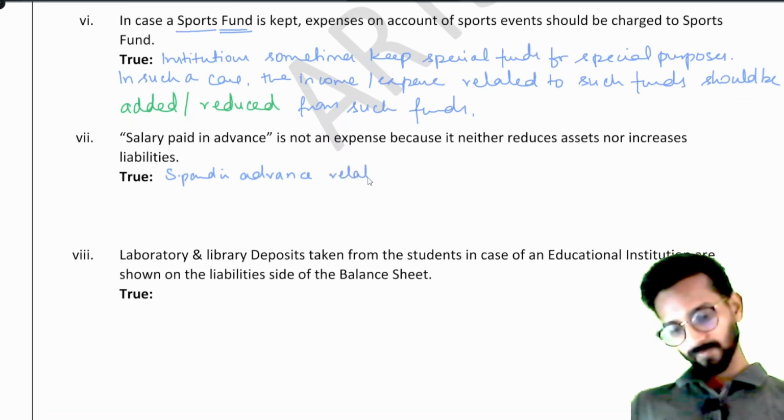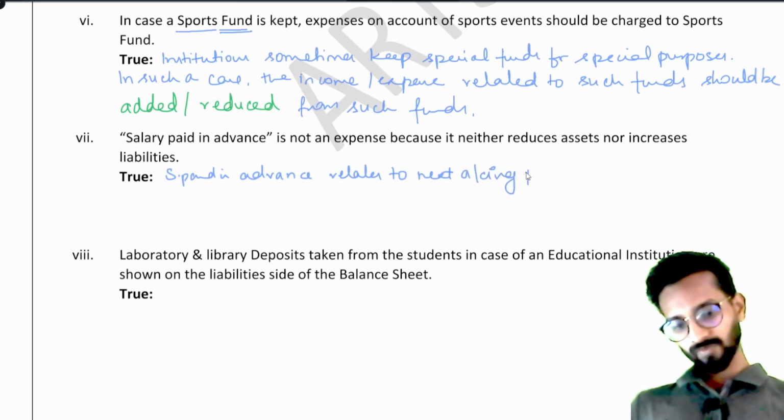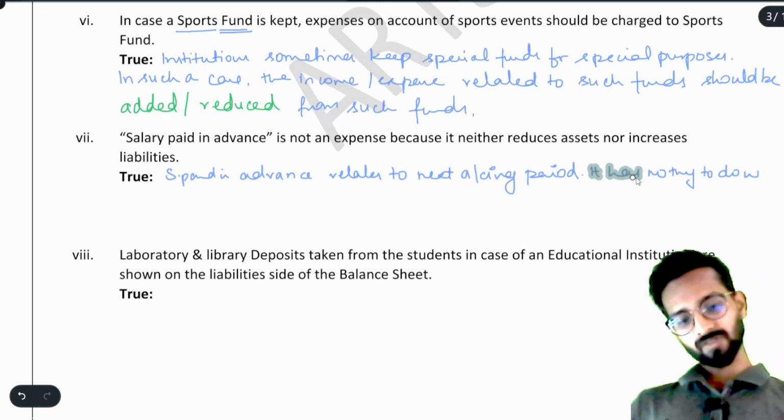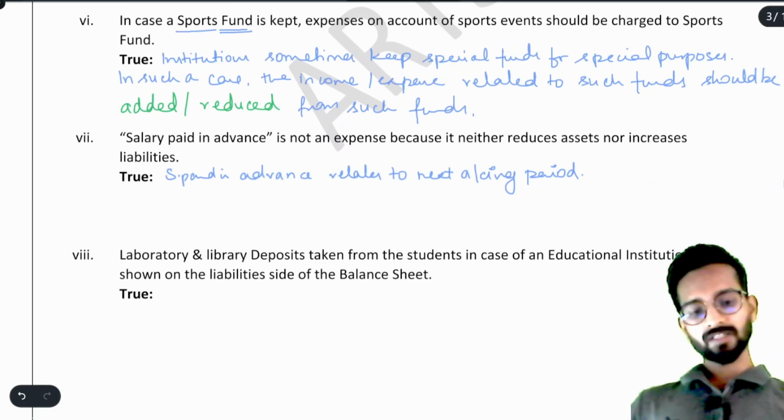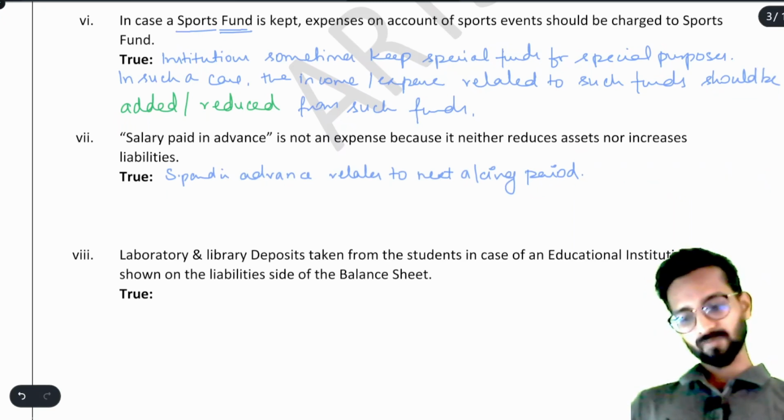relates to next accounting period. I am writing the short forms here due to some space constraint. Please, you do not write the short forms. Okay. It has nothing to do with, or it is not important. I am just telling you it has nothing to do with any relation with the current year. Okay. It is just that we have just paid in the current year.